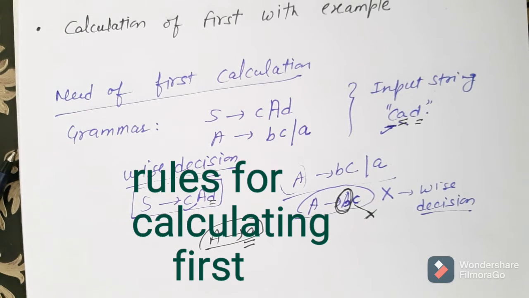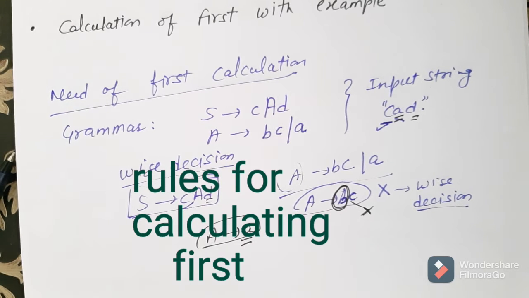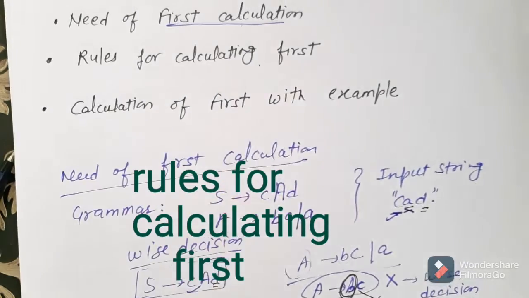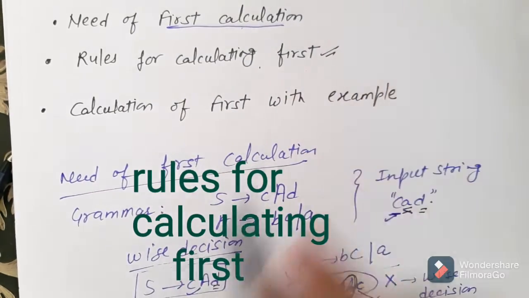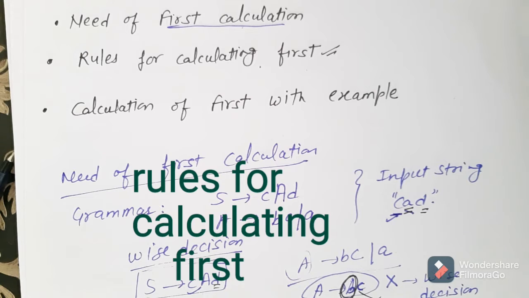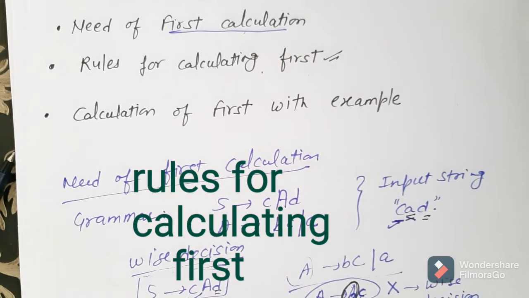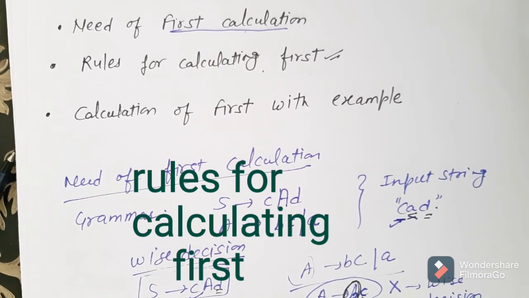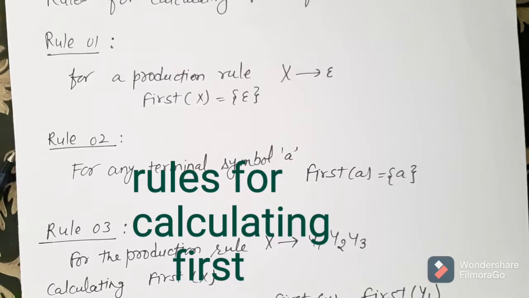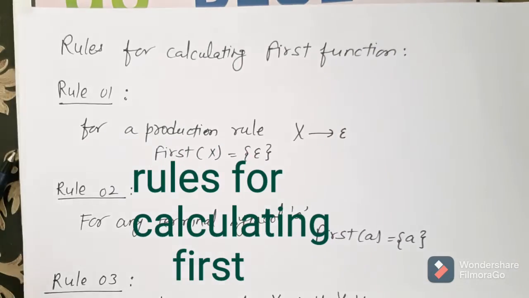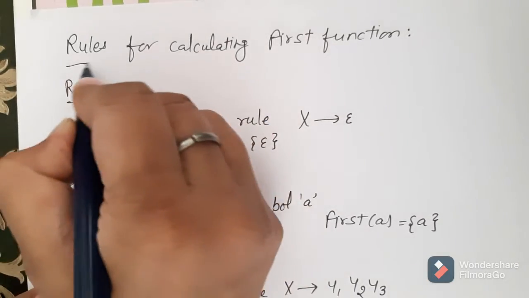So first is the first character of the string produced when a production rule is applied. Now rules for calculating the first. There are few rules to calculate the function first. I will now explain the rules for calculating first symbol. The rules are very simple. These I have written.